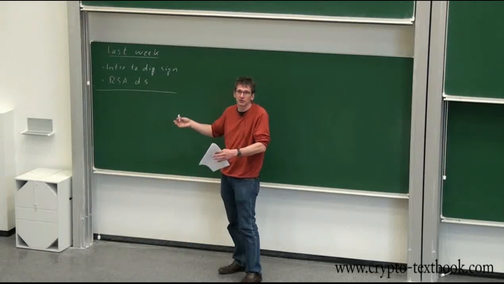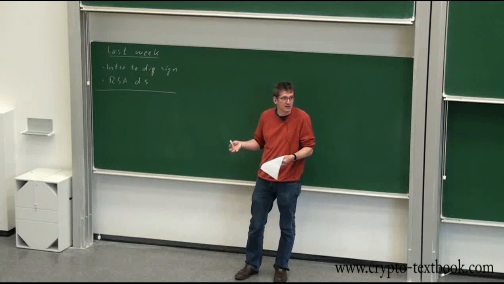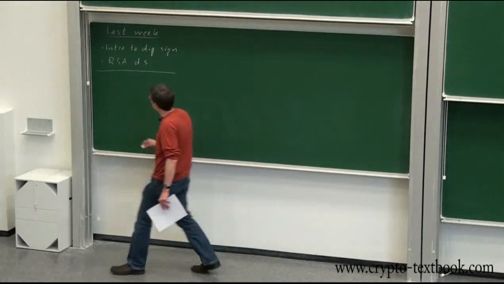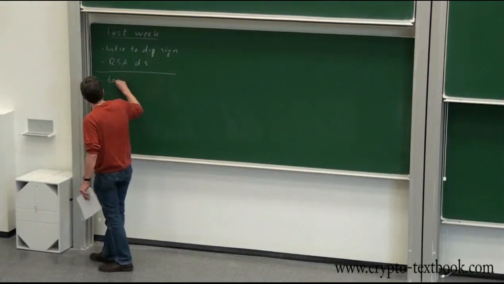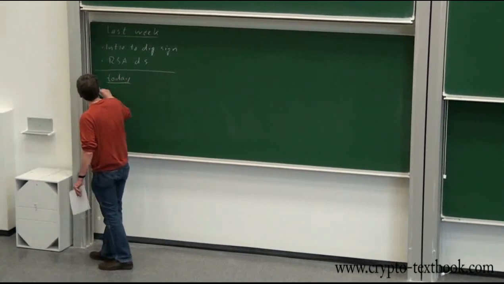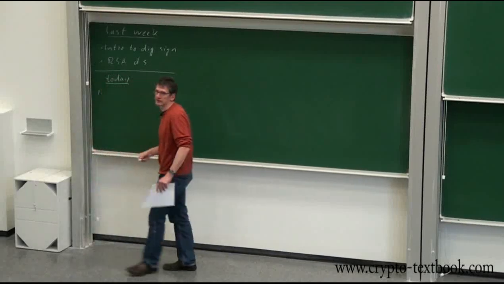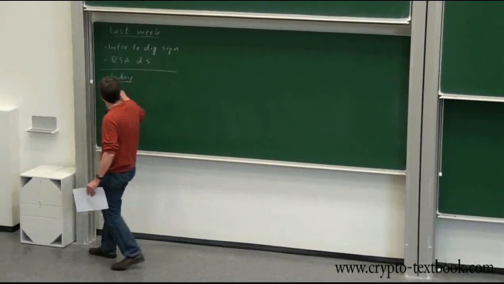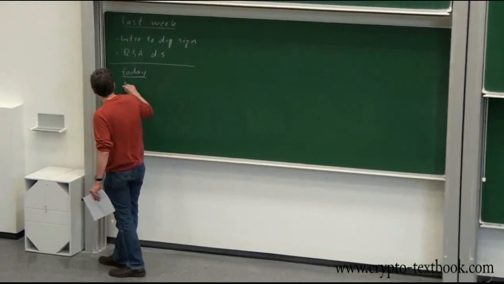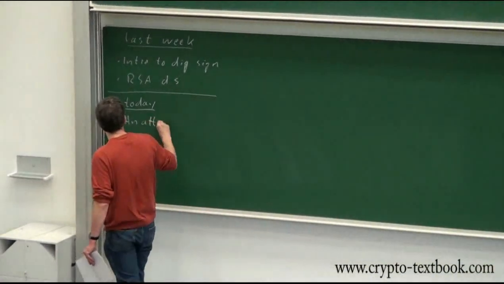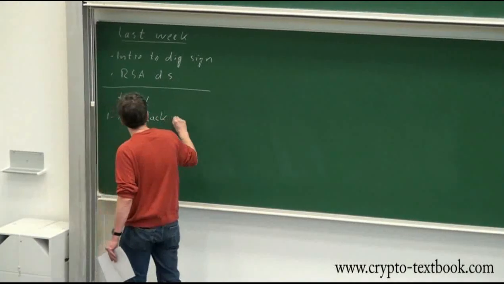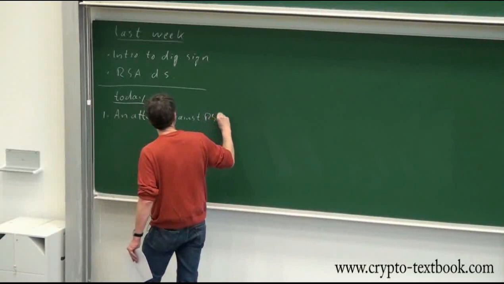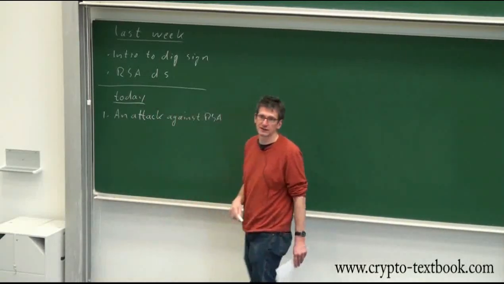So, the most important basic elements we had last week. What I would like to do with you today is mainly two things, which we split into 3 chapters. I want to show you an attack against RSA digital signature.